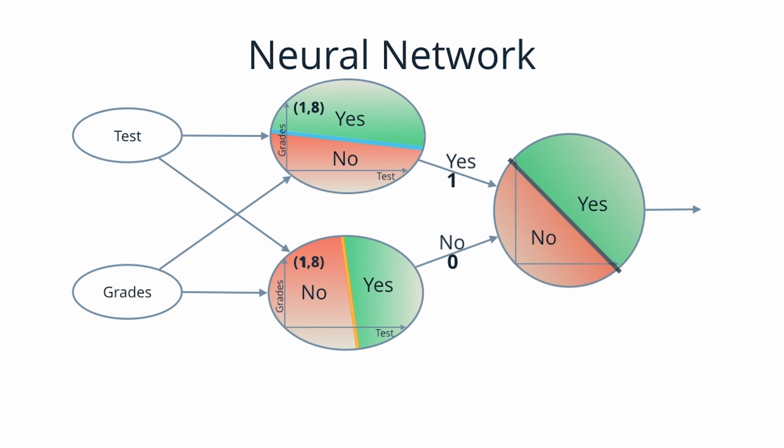The next layer, called the output layer, takes the values coming out of the middle layer, namely the 1 and the 0, and it locates the point with coordinates 1, 0. This point is in the red or negative region of the final node, so the output here is a no. Thus the neural network has received as inputs the values test equals 1 and grades equals 8, and it has outputted a no.